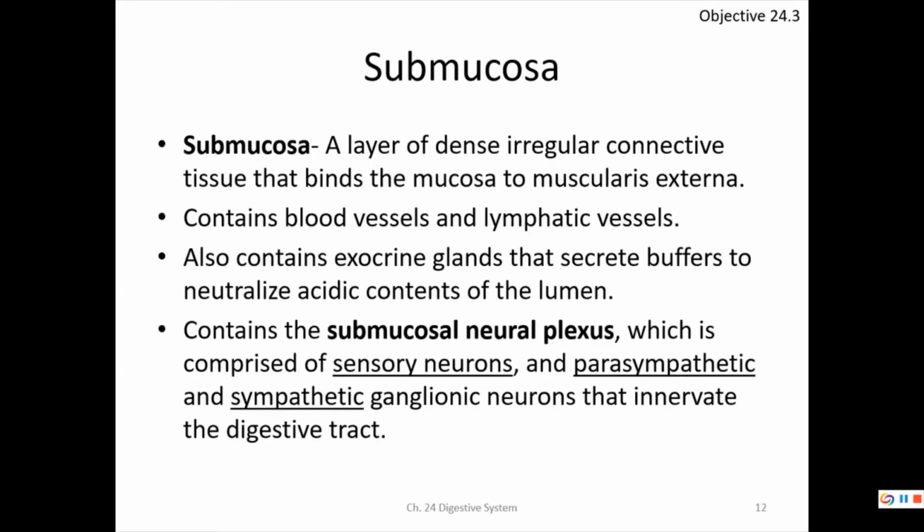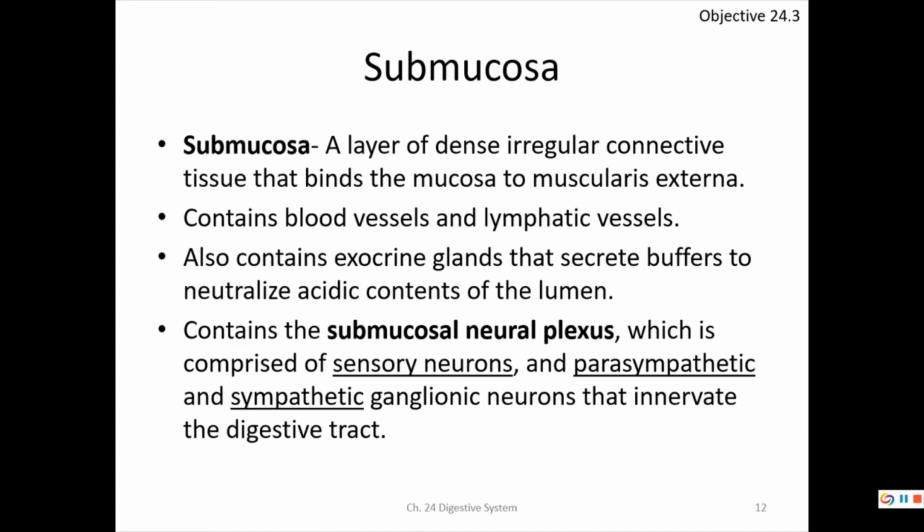Now, the submucosa, remember, is dense irregular connective tissue. It actually binds mucosa to the muscle. There are lymphatic vessels and blood vessels. There are exocrine glands that secrete. Remember, exocrine into a duct secretes things like buffers to neutralize any acid in the digestive tract, the lumen.